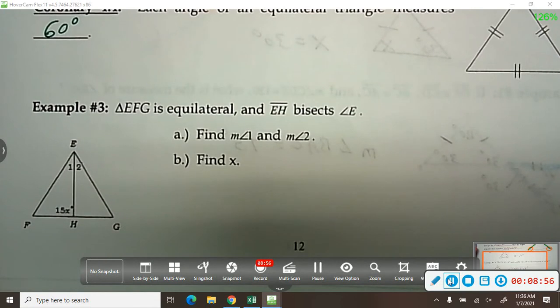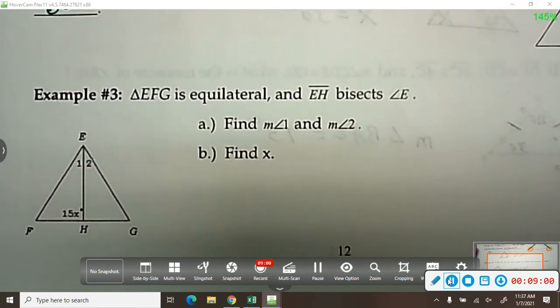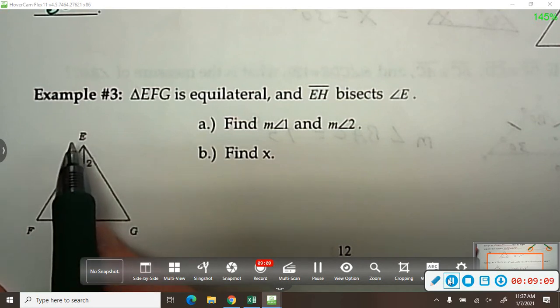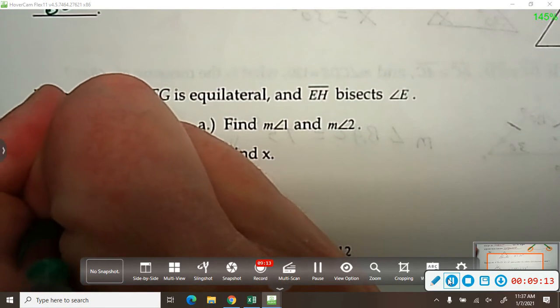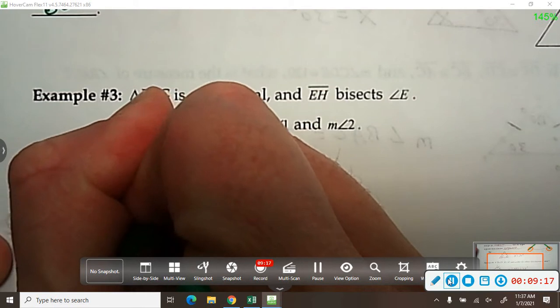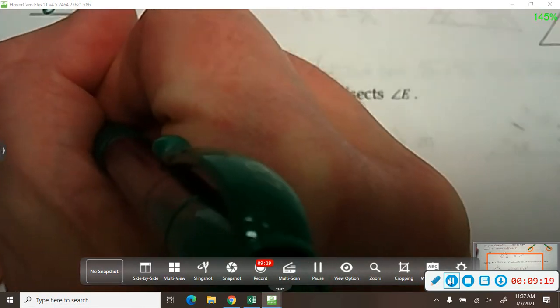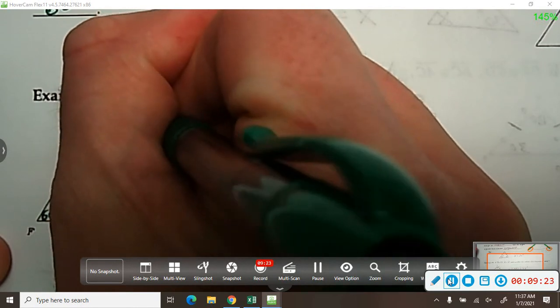There's an example. We know that triangle EFG is equilateral. So that'd be the whole thing. So as soon as they tell me that EFG is equilateral, I know that this is 60. I know this is 60. And then I also know that angle 1 plus angle 2 is 60.